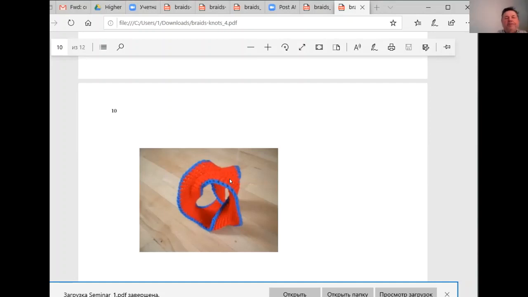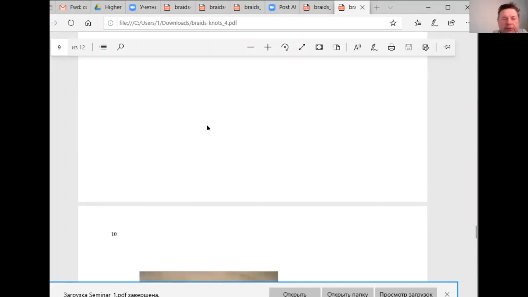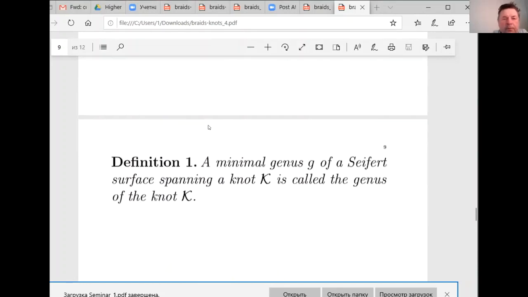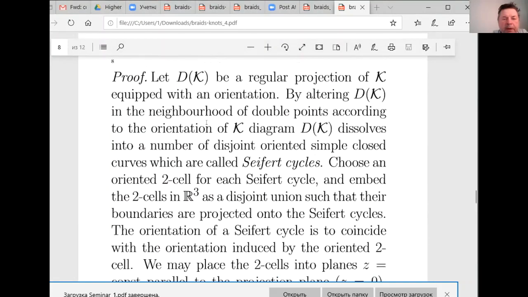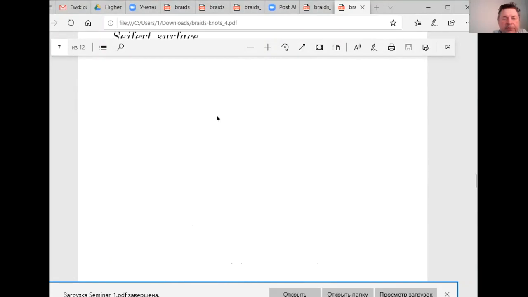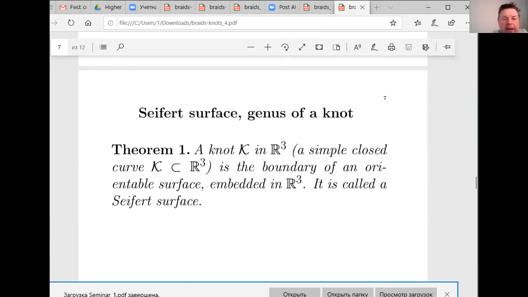But the key property of the surface that we shall discuss will be that this will be the oriented surface. So now formally, of course, we have a lot of time to make this construction by... I forgot the English word.